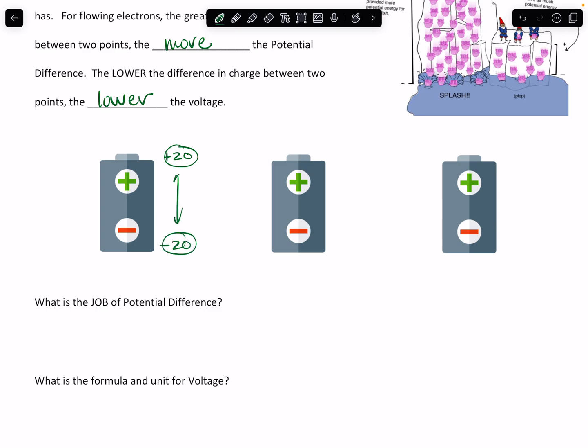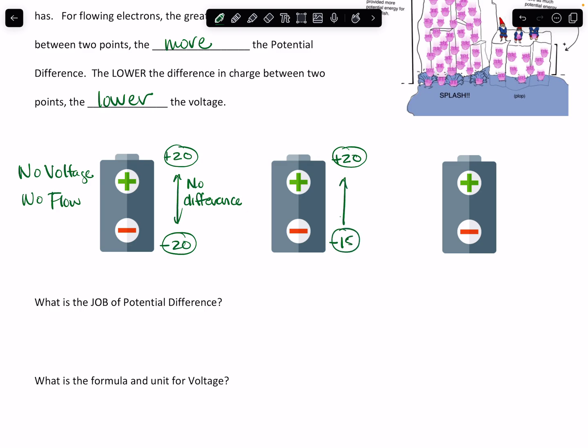So if you look at these two, there is no difference. All right, so over here you would say no voltage, which means no flow. If there's no difference, nothing's going to change. Now let's say instead of plus 20 and minus 20, we have plus 20 and minus 15.